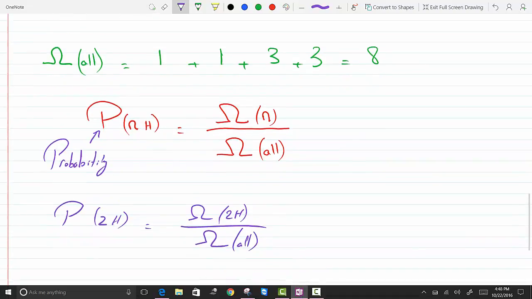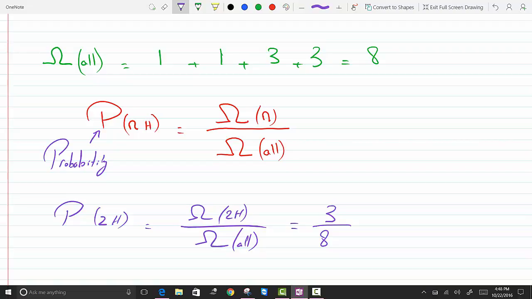And we already said that to get 2 heads, there's three of the microstates that reveal 2 heads, over 8. So this would be 3 over 8, assuming that all the microstates are equally probable.